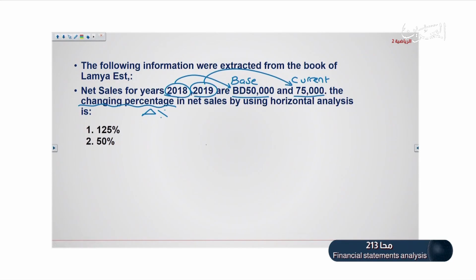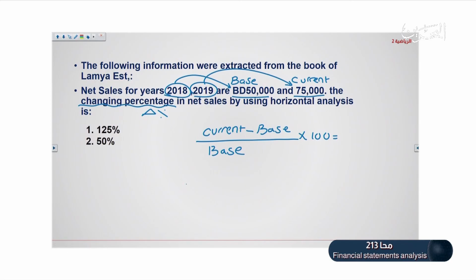Let's apply the formula. The formula says current year minus base year over the base year amount multiplied by 100.